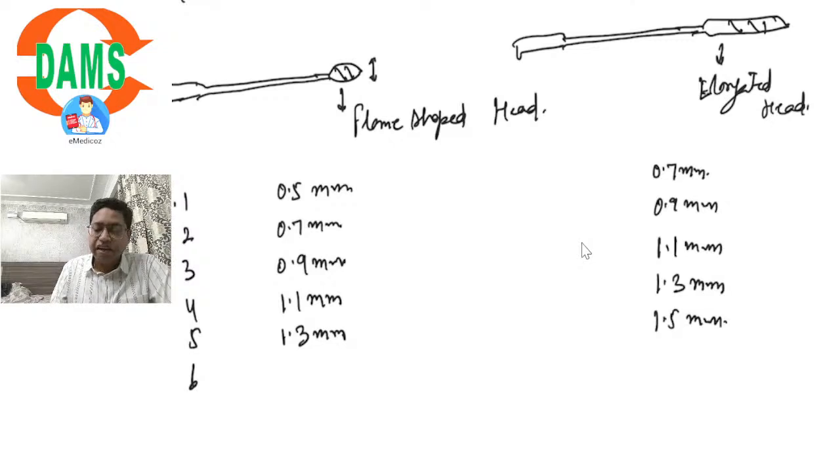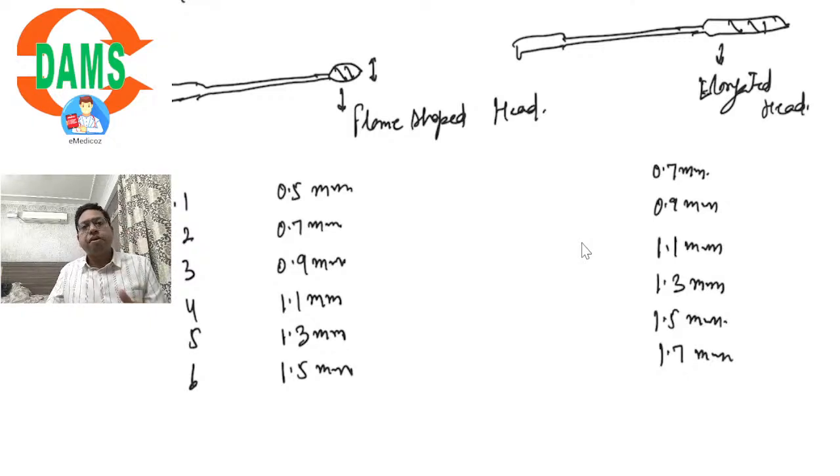And number 6, 1.5 millimeters for GG drills and 1.7 millimeters for peeso reamers. It is very simple to remember that each successive instrument has a head diameter larger by 0.2 millimeters than the previous instrument, ranging from 0.5 to 1.5 millimeters for GG drills and 0.7 to 1.7 millimeters for peeso reamers.